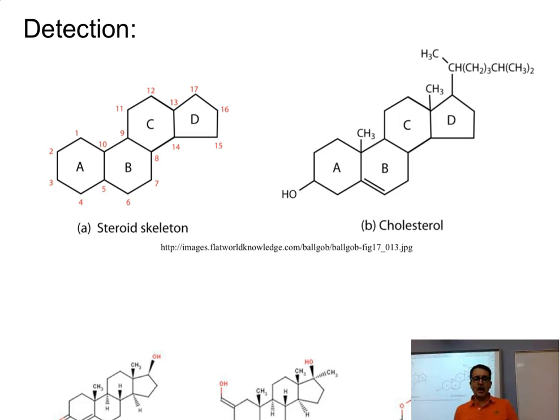Now, when we talk about detection, there are many types of chemicals that we want to see if they're present in somebody's body, in their blood stream, or in a particular nutritional supplement, etc., etc. One of them, the ones that we are very concerned about, are anabolic steroids.